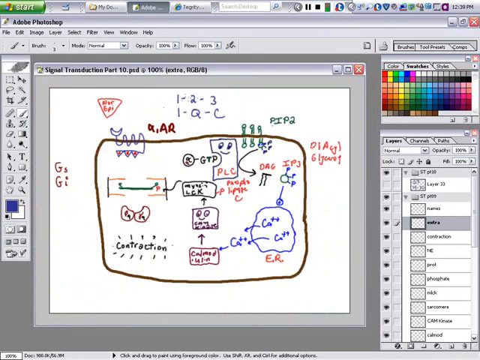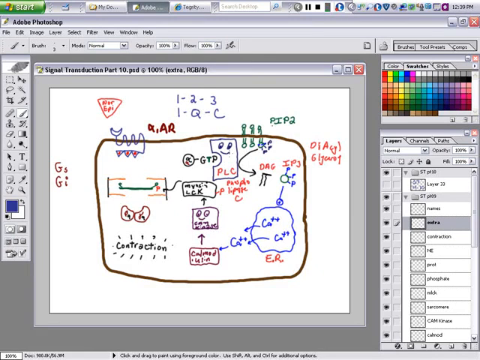You know what 1, 2, 3 means, but 1, Q, C: alpha-1 stimulates GQ, and GQ stimulates phospholipase C. So you'll know that it's alpha-1, GQ, phospholipase C. If you remember 1, 2, 3, 1, QC, kind of makes sense?